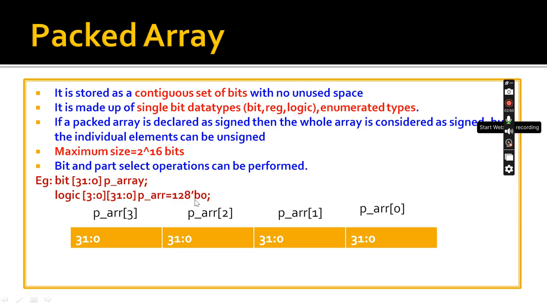And this is the assignment we use to initialize the array. Since it is a 128-bit array, we are initializing it this way. So you can see here 0 to 3, so this array consists of 4 elements, and each element is of how many bits? 32 bits. That is 0 to 31 locations.